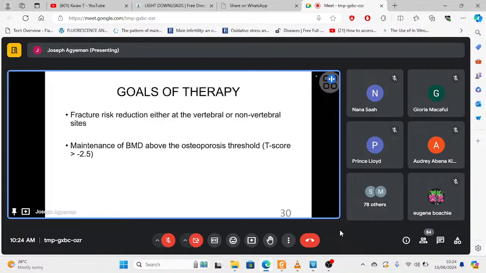So what are then the goals of treatment when it comes to osteoporosis? Of course, we don't want to see any fractures. So fracture risk reduction is very important. And to achieve this, you need to push the bone mineral density to acceptable limits.